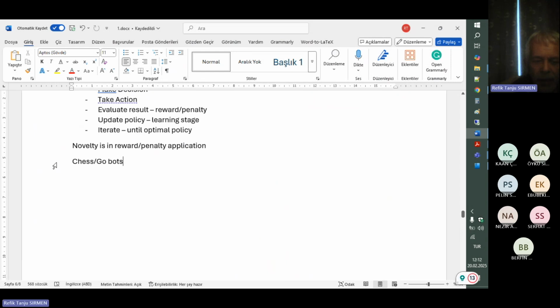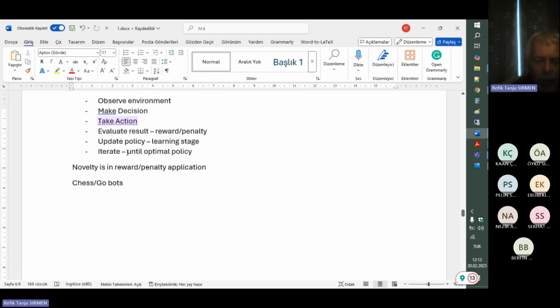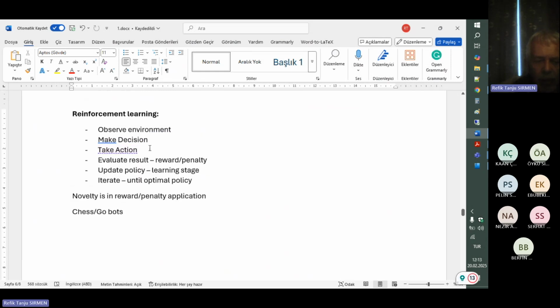This is the example: chessbot, AlphaGo or Deep Blue. These are all machine learning programs based on reinforcement learning. They work on a reinforcement learning algorithm or approach. Okay? And maybe self-driving cars, like when they trial and it may change.